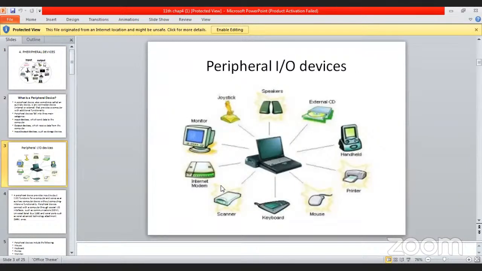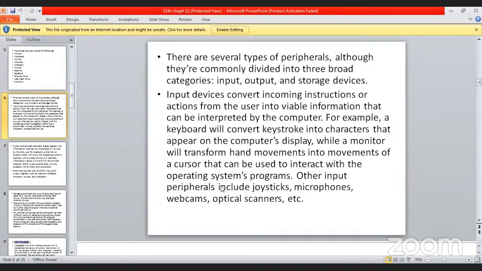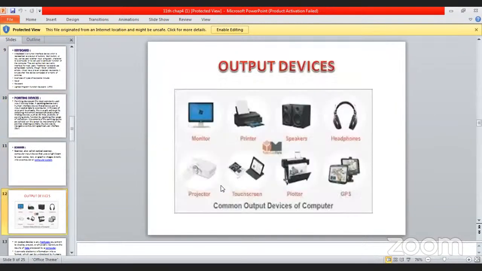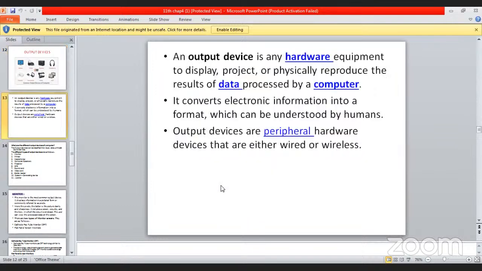See here input output devices, all that things are presented here. Number of input devices are presented. See here the output devices: monitor, printer, speaker, headphones, touch screen, plotter, GPS, and projector also.